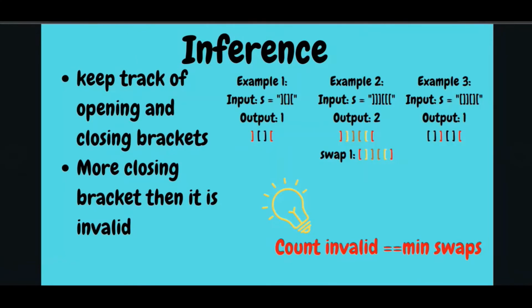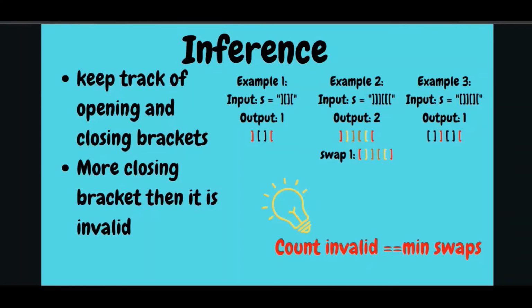Following are all the inferences from the examples for the given problem. First, we have to keep track of opening and closing brackets, so that we can find an invalid case. Let us say we are iterating on the string from left to right. The opening brackets can be more, but the closing cannot.